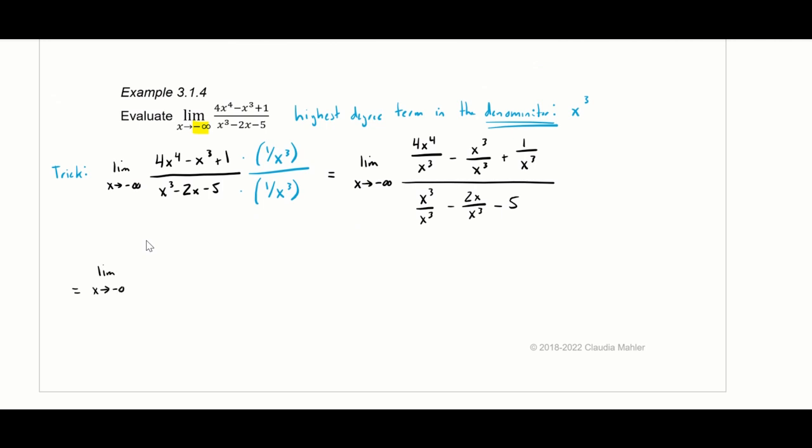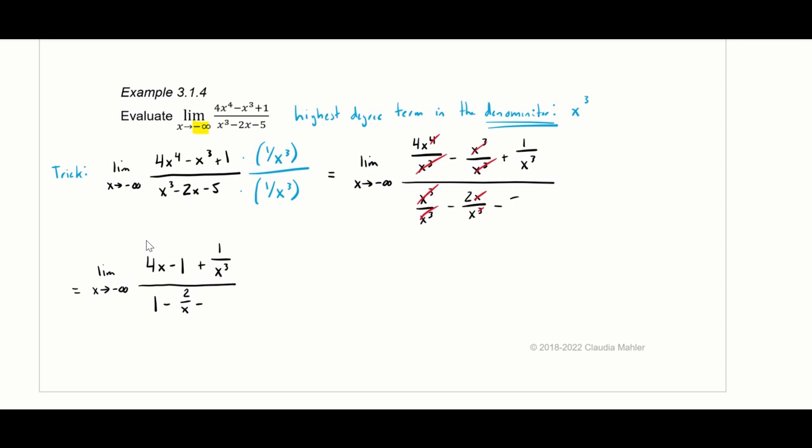Let's simplify that a little bit. Let's get rid of those terms that are going to cancel. So all of these are going to cancel with 3 of those. These are going to cancel each other out. These are going to cancel each other out. One of these is going to cancel with one of these, leaving us with 4x minus 1 plus 1 over x cubed divided by 1 minus 2 over x.